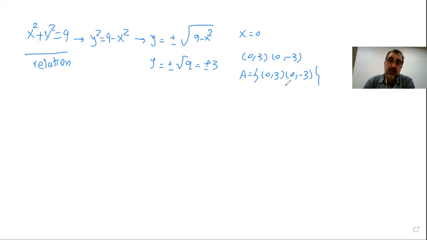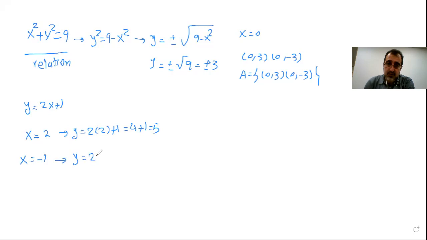But for another relation type, like y equals 2x plus 1, if I assign x equal 2, we're going to have 2 times 2 plus 1, 4 plus 1 is 5. For x equal negative 1, it will be 2 times negative 1 plus 1, negative 2 plus 1, negative 1.